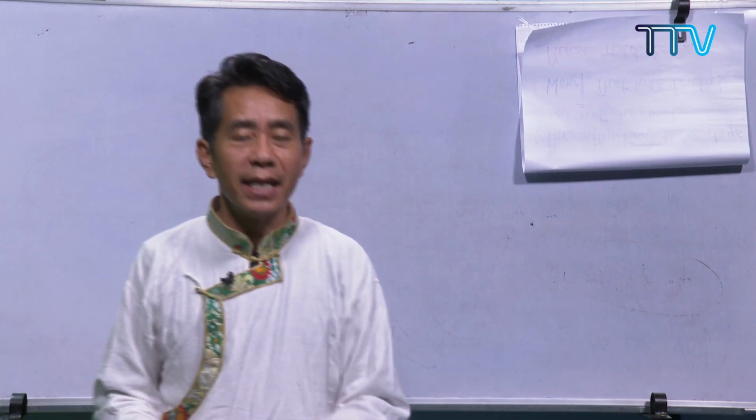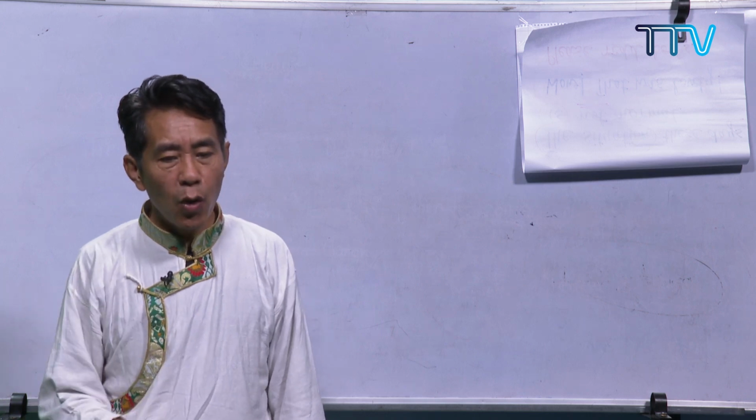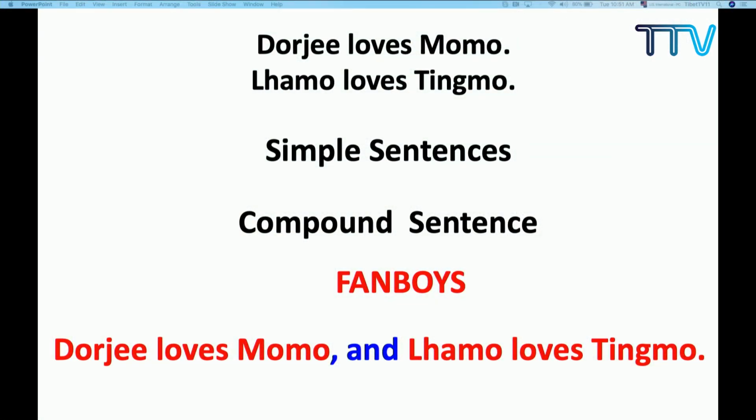By using these, we can combine sentences. For example, Doji loves Momo and Hamo loves Tingmo. This is an example of a compound sentence because we have two independent clauses.